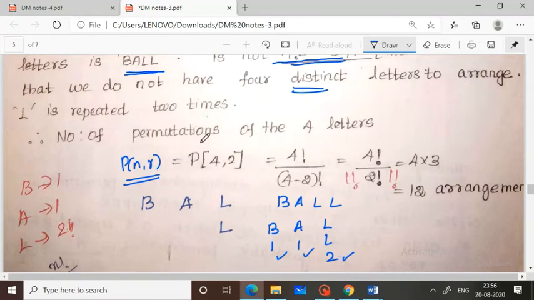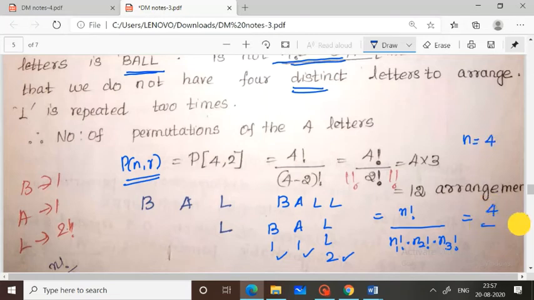That means the number of possible arrangements is, the formula is n factorial divided by n1 factorial into n2 factorial into n3 factorial. So here n is equal to 4.